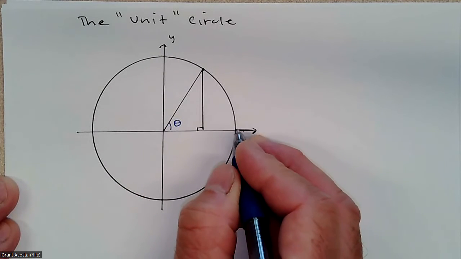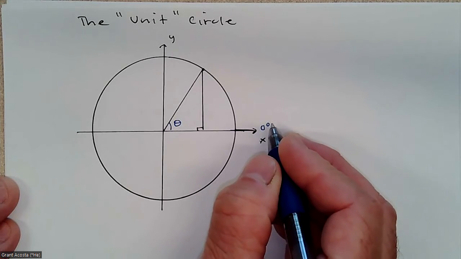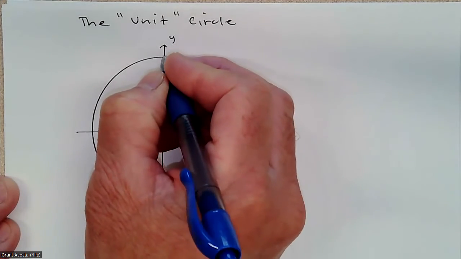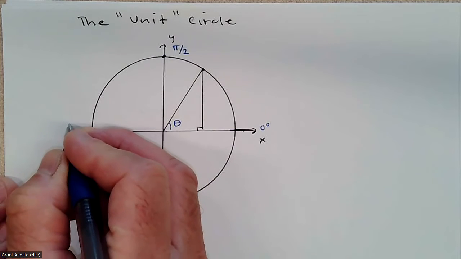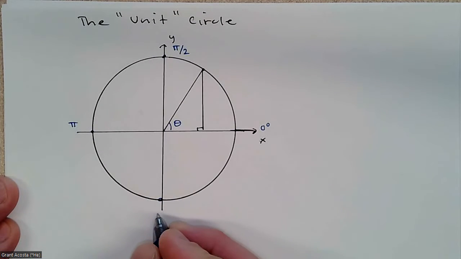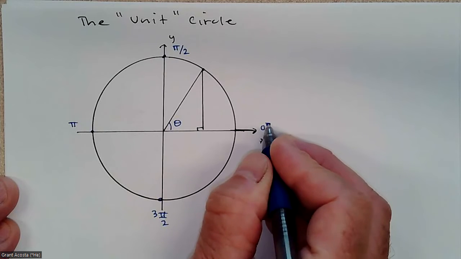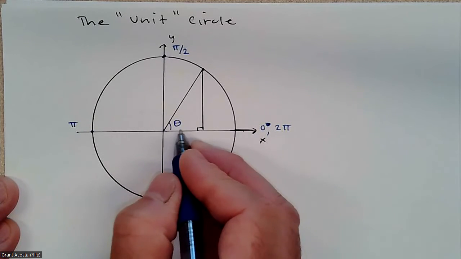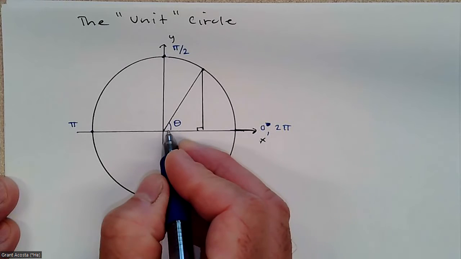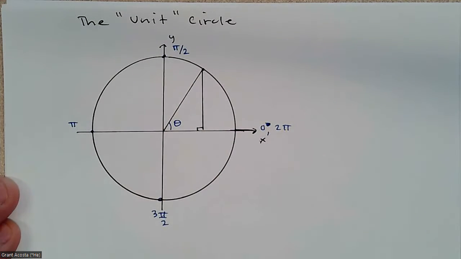But in particular, what if I have an angle of 0 degrees or 0 radians, 90 degrees, which is pi over 2, or 180 degrees, which is pi? Remember, this was 3 pi over 2, and 0, I'm going to call that 0 radians, is the same as 2 pi. See, if I have an angle of 0 degrees, I can't make a triangle. Same thing at pi over 2. I can't make a triangle that's inscribed inside this circle. So it's a bit tricky.